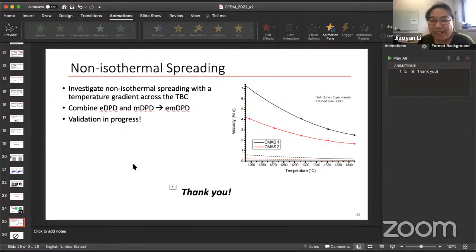I see. But do you have any comment on the phase transformation? For the phase change, if you consider the energy equation coupled with the momentum equation, the solid to liquid transition may be very easy to handle in MDPD.